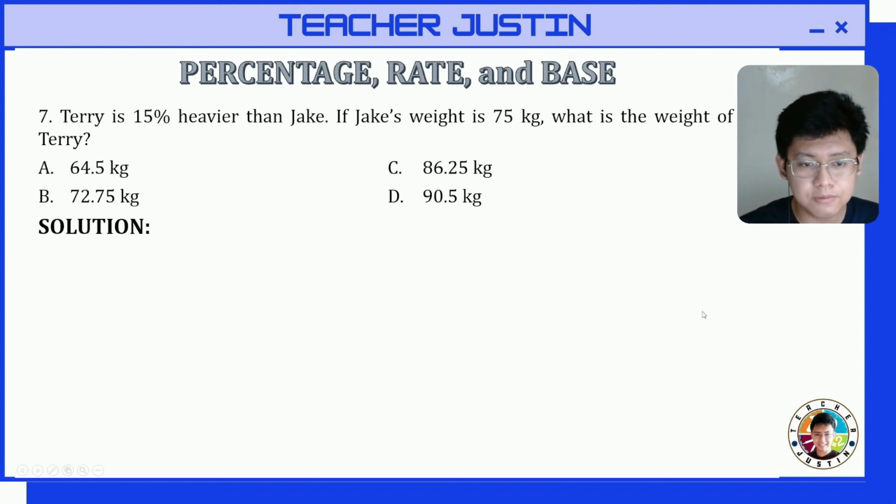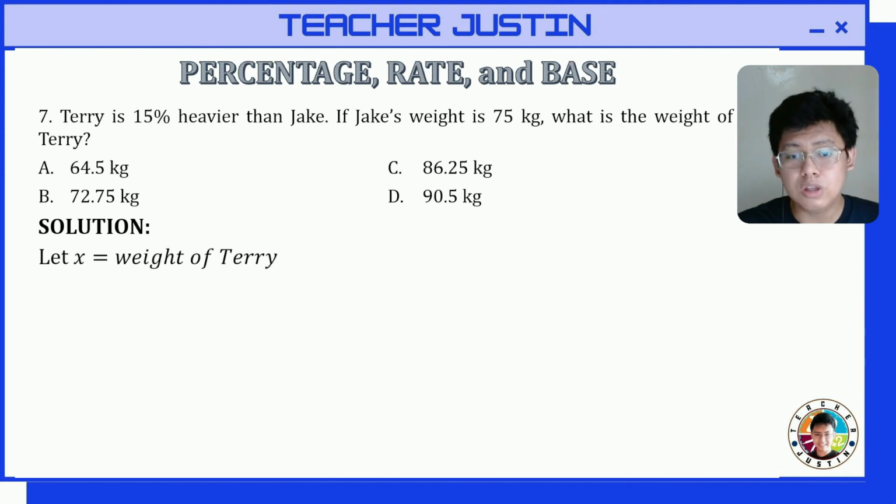So let's have X being equal to the weight of Terry. So lagay natin dito yung variable sa ating equation. So according to the problem, yung weight daw ni Terry, which is X, is, so yung translation ng word na is, is equal symbol. So is equal to 15% heavier than the weight of Jake.